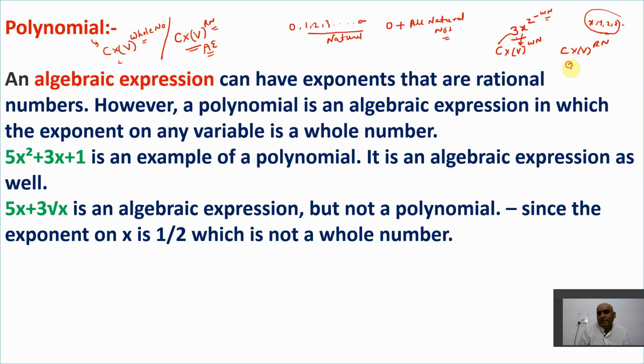So yes, if I write 3x to the power 2, 3 is constant, x is variable, and this 2 is a rational number also. Rational number means take the form of p by q. Now how is it p by q? This 2, we can write as 2 by 1. So p becomes 2, and this becomes q. So it takes the form of p by q. So it becomes what? Rational number. Now tell me one thing.